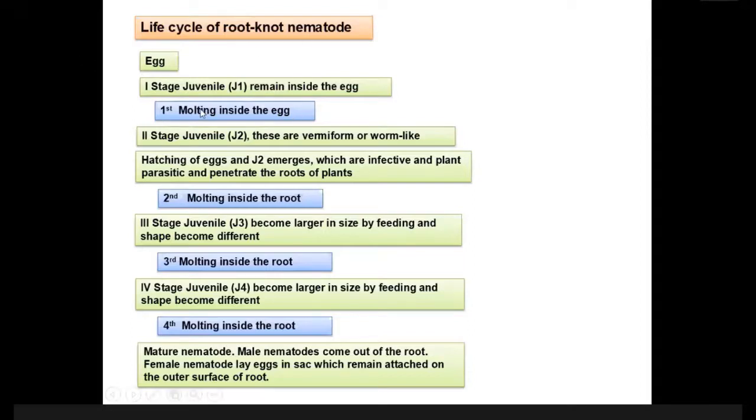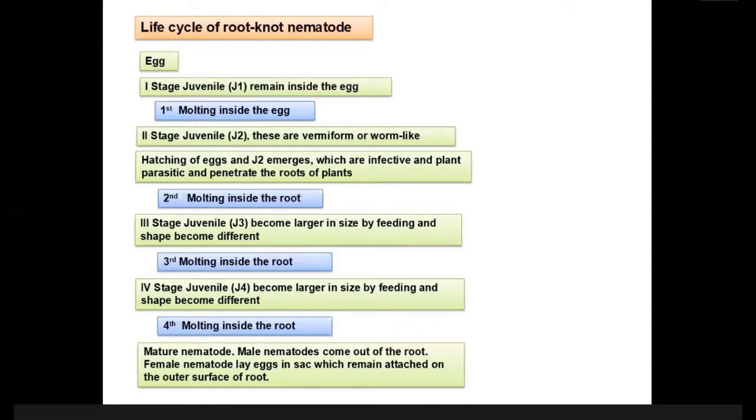This process is known as molting. So second stage juveniles are vermiform, or thread-like or worm-like. Hatching of the egg and second stage juvenile emerge, which are infective and plant parasitic and penetrate the roots of plants.